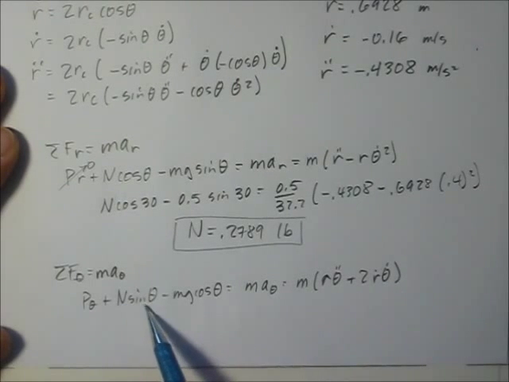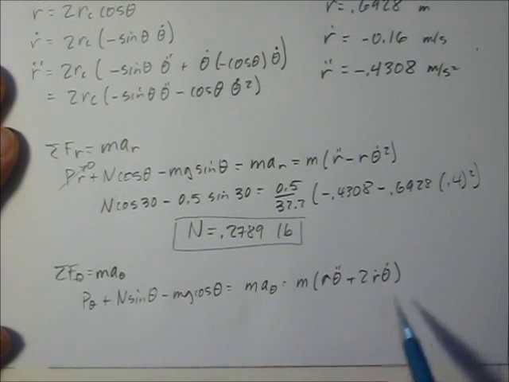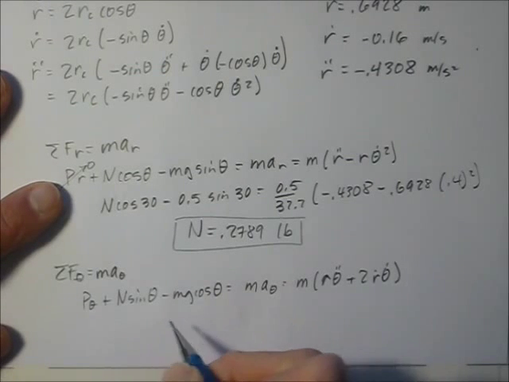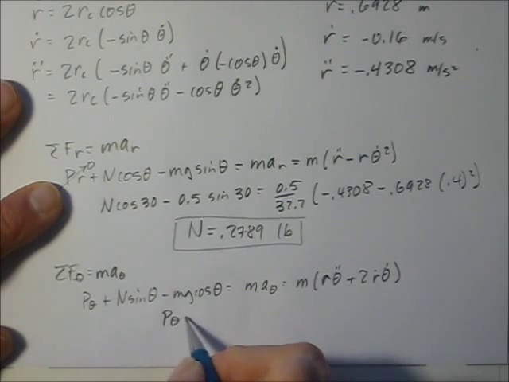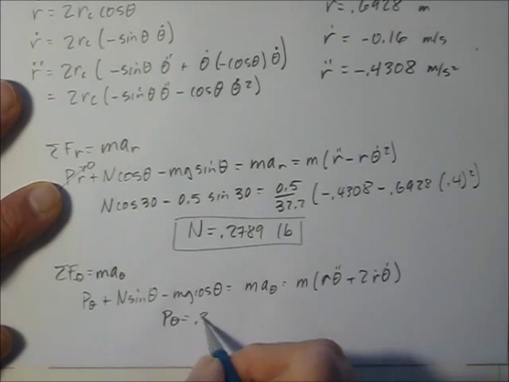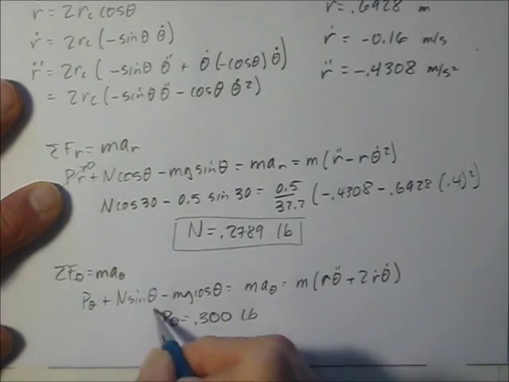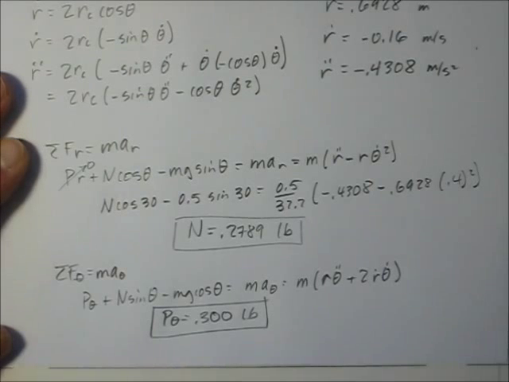You know normal, you know sine, you know mg, you know m, and you can look at the details when we post this online. But P theta is equal to 0.300 pounds, and that's the actual force that we were looking for, the actual answer to the problem, 0.3 pounds.